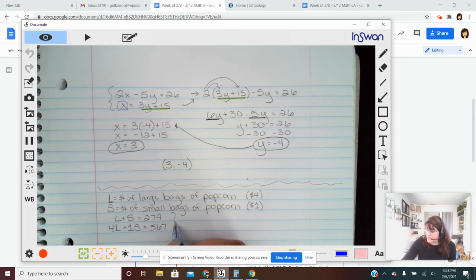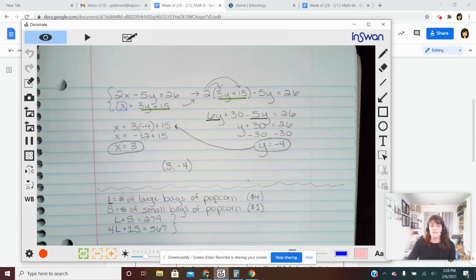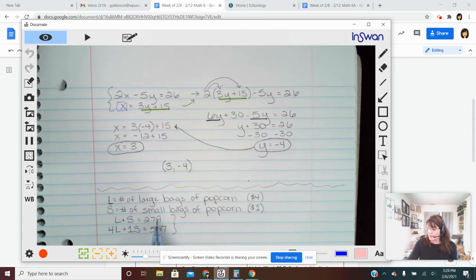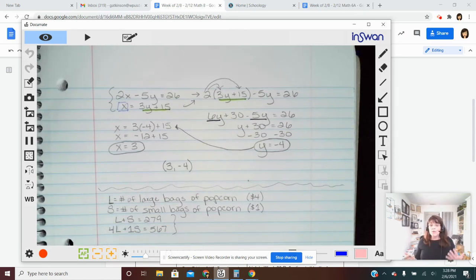So when I look at the system of equations, I see I have L, 4L, S, and S, because one S is just S, 279 and 567. Now, I don't need to change a thing on this top one. I don't need to change a thing on this bottom one, unless I want to solve by elimination.